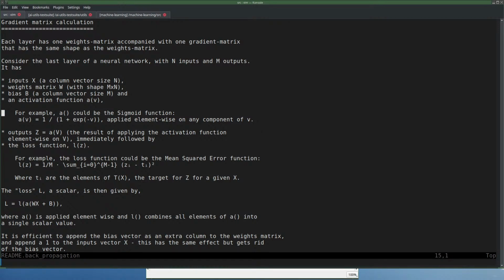For example, A could be the sigmoid function. I think what I've now created is the combination of the sigmoid function and the loss function. So I called it a loss function, but actually the activation function is already included.